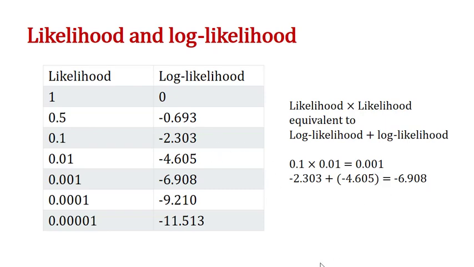So you can corroborate that when you multiply likelihoods, if you use the corresponding log likelihoods, you need to add and you obtain the corresponding log likelihood of the two likelihoods that you multiplied. Okay, so this is just mathematics, and we are not going to deal much with that, but I like to show you why we use log likelihoods instead of likelihoods.